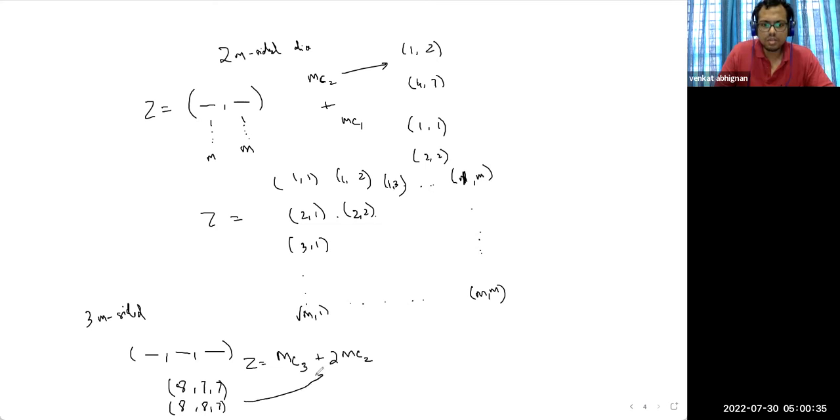This is what I mean. Plus I take MC1, which is essentially I take one thing and I repeat for all three places. And I can keep on going like this for 4 M-sided dice.